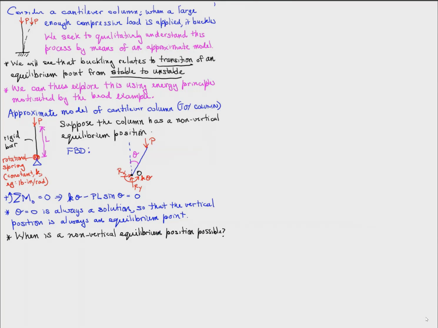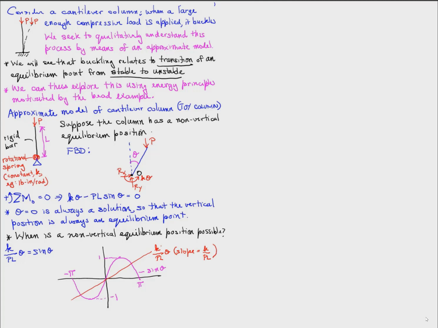So the equilibrium equation K theta minus PL sine theta equals 0 can be rewritten as K divided by PL times theta equals sine theta. So let's draw the two curves, the sine theta curve, and the straight line K divided by PL times theta, whose slope is K divided by PL.